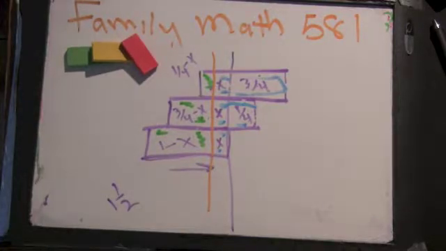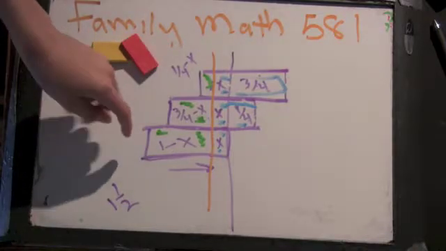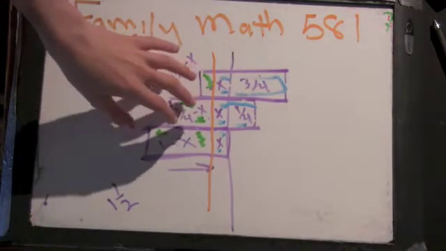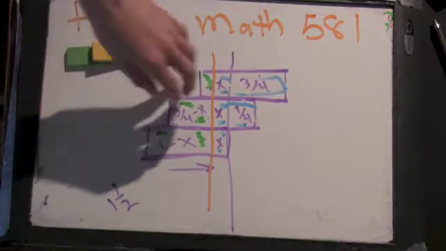What's a different equation we could have set up instead of setting this side equal to this side? Well, we could have said this side here is equal to half the total area.